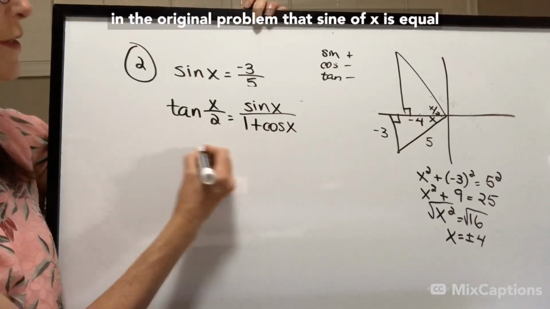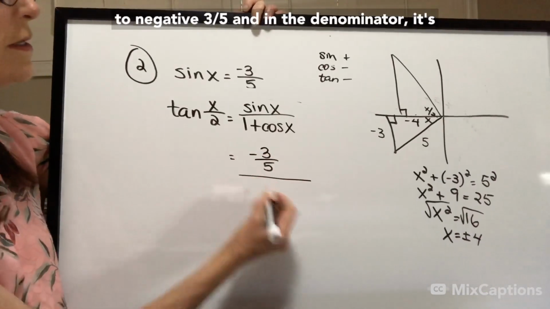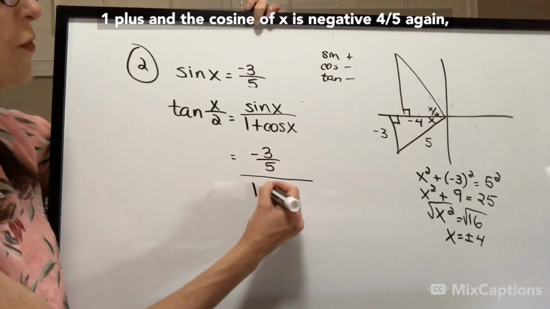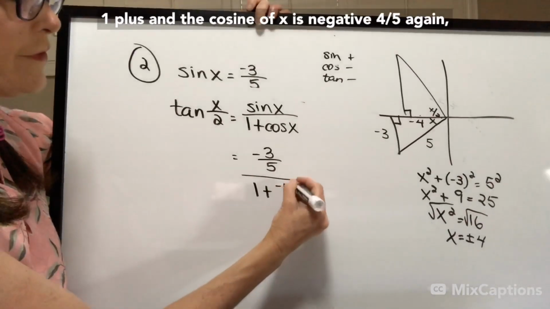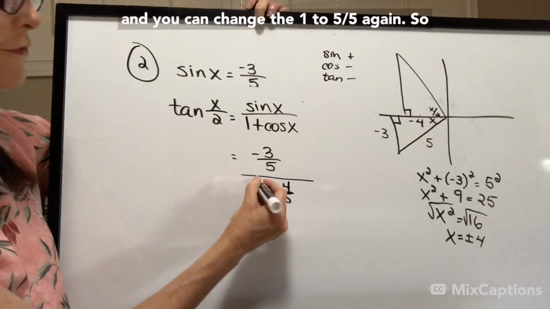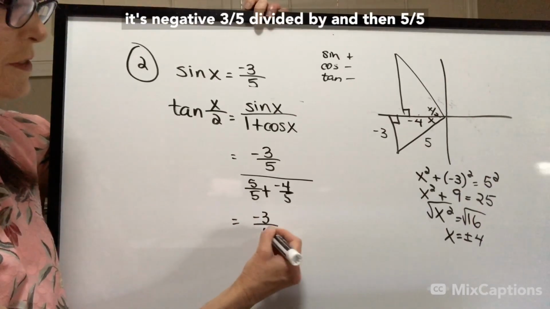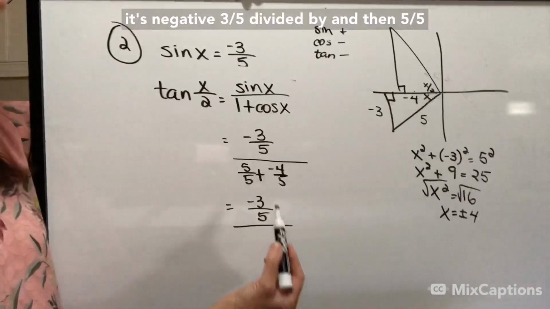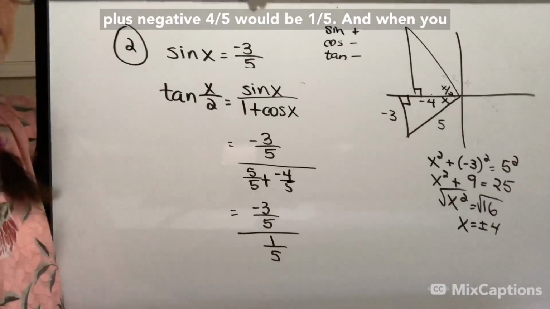Okay, so we were given in the original problem that sine of x is equal to negative 3/5. And in the denominator, it's 1 plus, and the cosine of x is negative 4/5 again. And you can change the 1 to 5/5 again. Okay, so it's negative 3/5 divided by, and then 5/5 plus negative 4/5 would be 1/5.